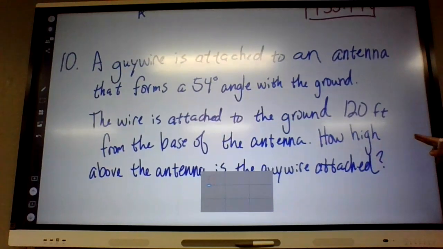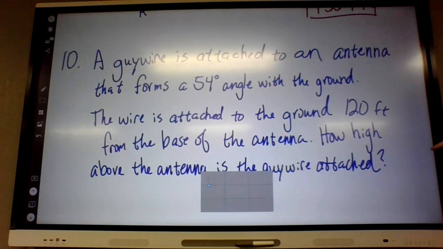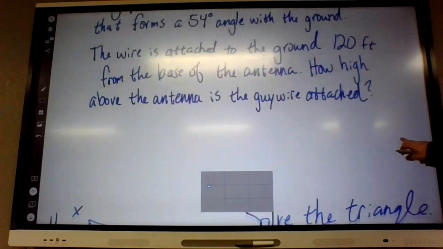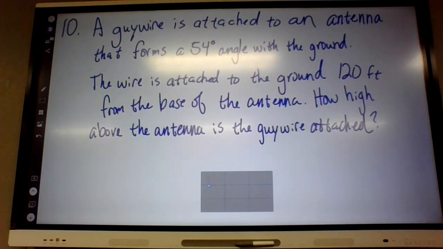This one's a word problem where it's like 2 sentences. Actually, it's 3. That's a guy wire? Is this the last one? There's kind of 3 questions after this. There are 3 questions on the next one.